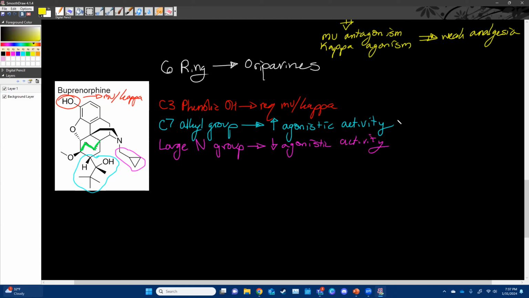The result of this is that we end up with the partial agonist nature of buprenorphine. So the tug of war that goes on between the large N group on buprenorphine and the C7 alkyl group, that's what creates this partial agonist activity. And that's really the main component of buprenorphine.